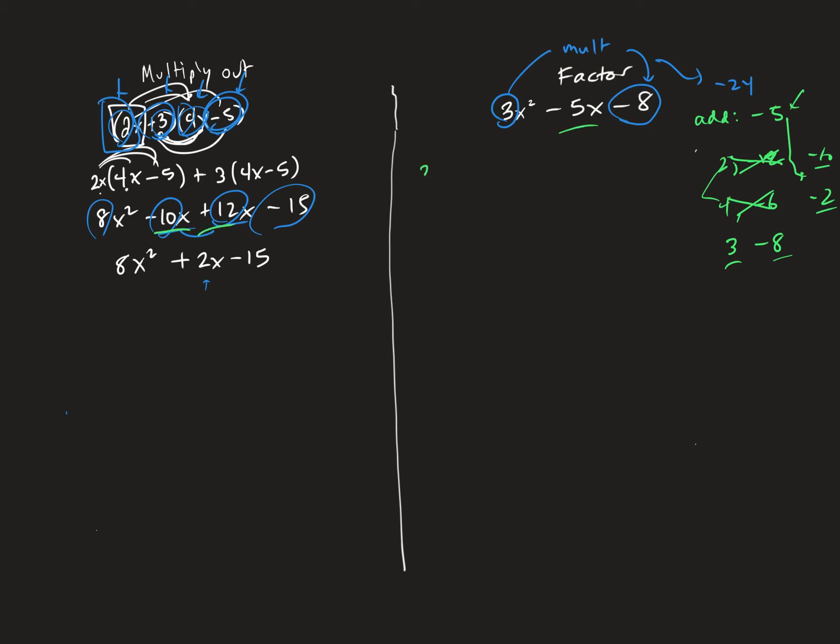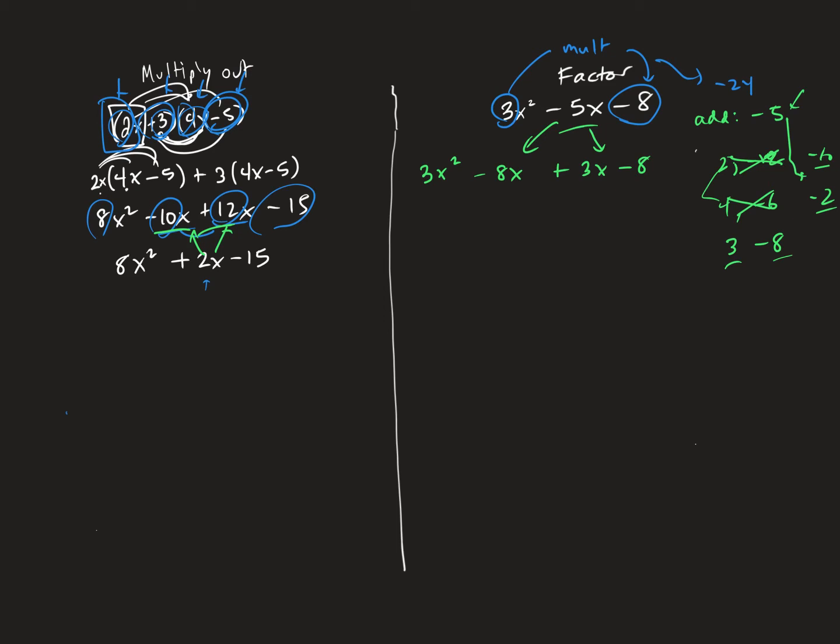So what that means is that these two numbers are like these two over here in my multiplication process. So I'm going to write out those steps. Let's see, 3x squared. I'm going to use those two numbers to rewrite this into two terms with x's on them. Now, it doesn't matter which order you do it. If you put the 3x first and the negative 8 on the second one, that would be perfectly fine.